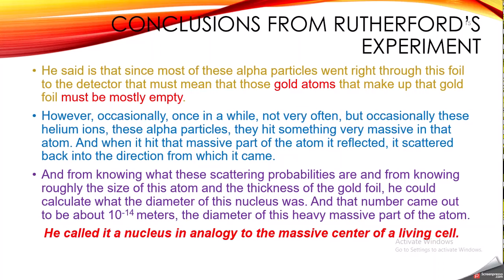The diameter of the nucleus was found to be 10 to the minus 14 meters. He named this central massive thing, which was backscattering the alpha particle, a nucleus, in analogy to the massive center of a living cell.